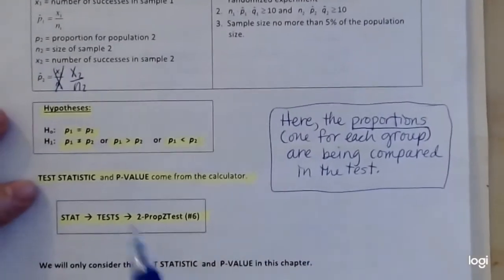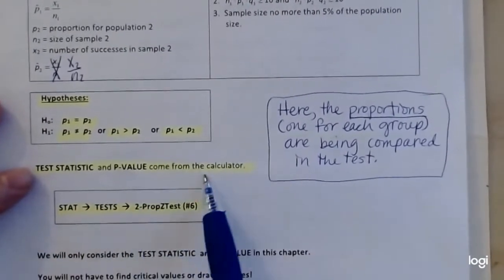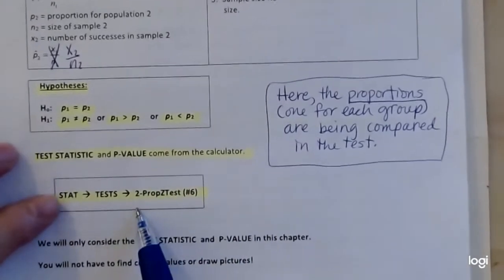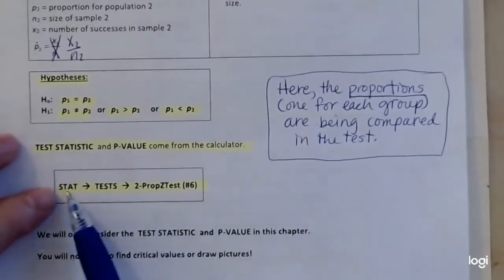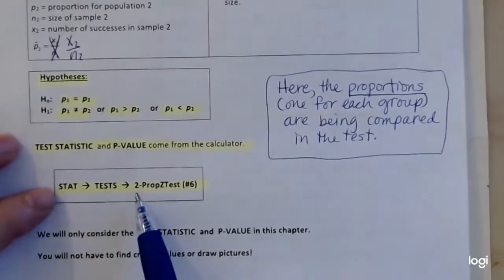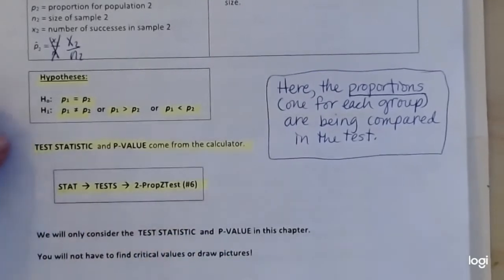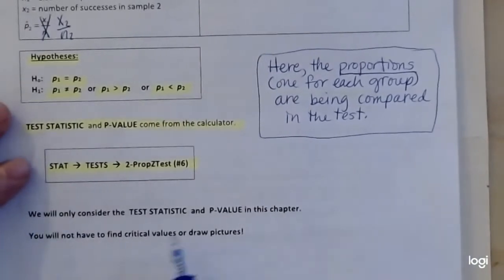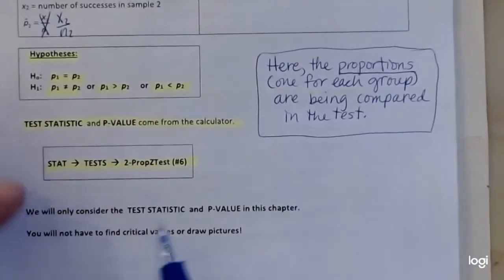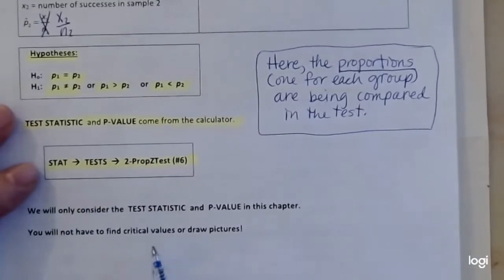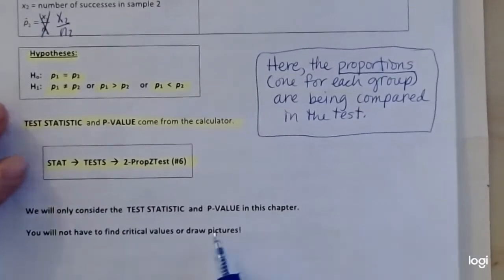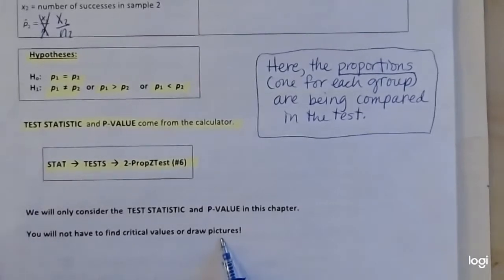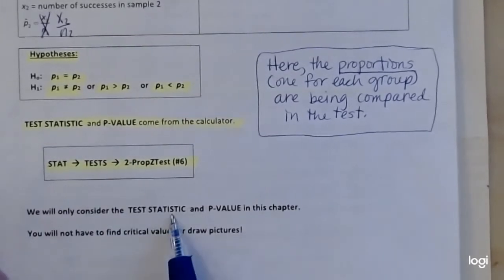The test statistic and the p-value will come from the calculator, and this is the test that we'll perform on the calculator under STAT and then TESTS, and it is a 2-PropZTest. It's number 6 in the list. We are not going to draw a picture, and we're not going to worry about critical values here. We didn't earlier too much either because we weren't working it that way, but we're not going to draw the picture here at all. So just the test statistic, which the calculator gives you, and the p-value, which the calculator will give you.